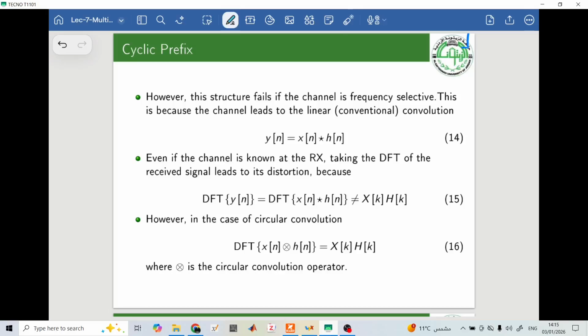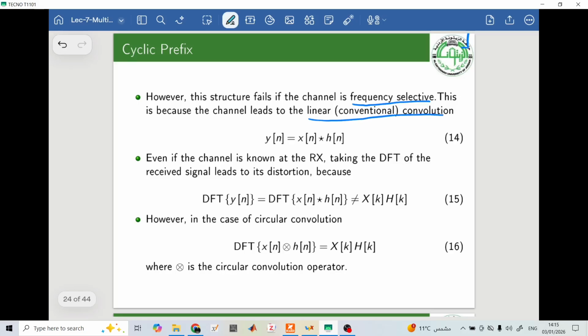Now we discuss a very important concept, which is the cyclic prefix. The cyclic prefix is important in conserving the multi-carrier system. If we do nothing, the system will fail. Why? Because the channel is frequency selective, meaning that the channel will perform linear convolution.